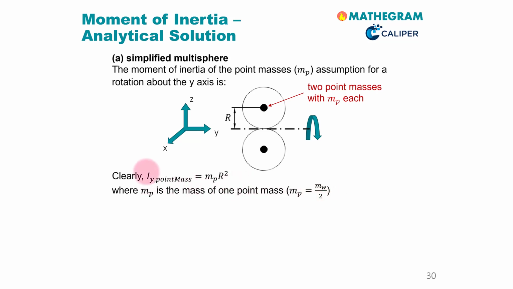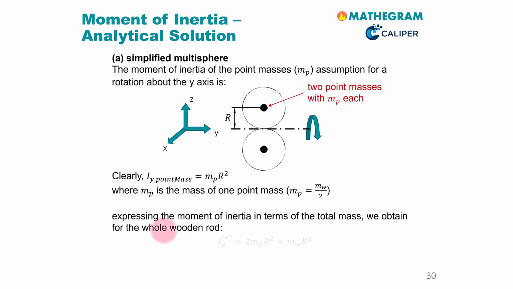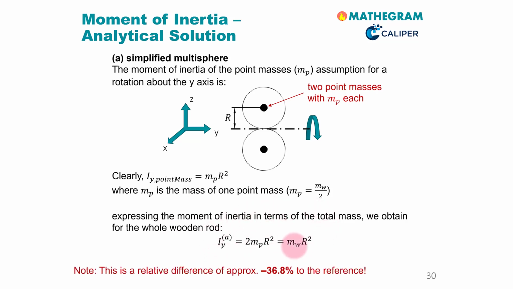The moment of inertia of each of the point masses is simply the mass of it multiplied by the radial distance to the axis, and this is in our case r. If we now express this in terms of the total mass, we arrive at this equation. So we see that this is much smaller than our 1.58 times mass r squared. It's just 1 times the mass r squared.